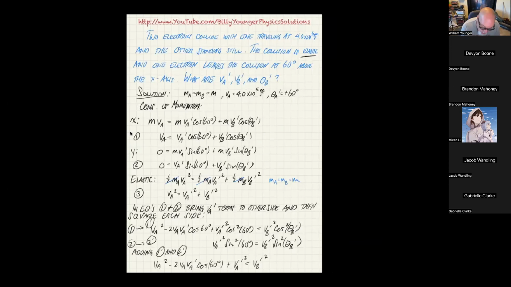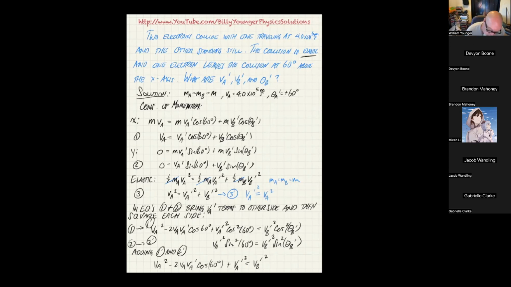And I can take equation 3 and make it into equation 3 prime. And the way I'm going to do that is I'm just going to say that VA prime squared is just equal to VA squared. Actually, do I want to do that? I don't know if I want to do VA or VB.